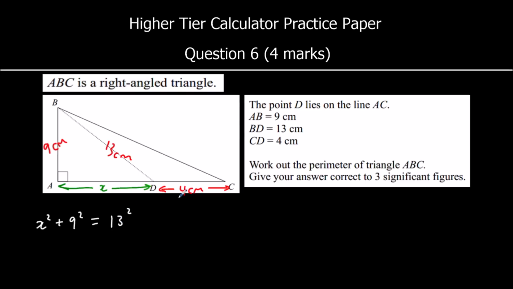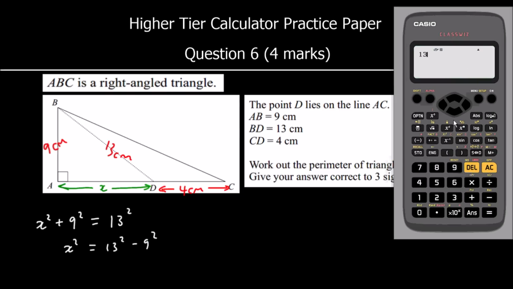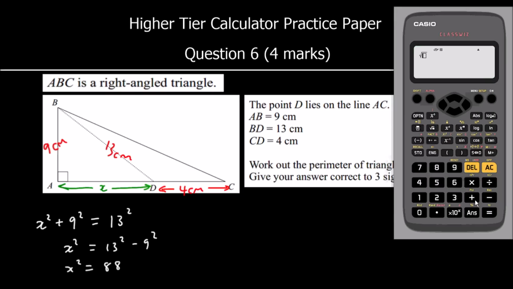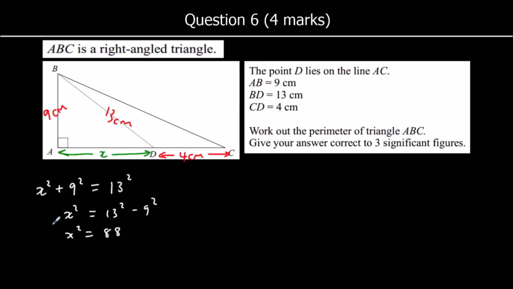So we can get x squared by itself by taking 9 squared away from both sides. 13 squared minus 9 squared is 88. So x squared is 88. So x is the square root of 88, which we can leave as 2 root 22 or 9.38. So x is 9.38.